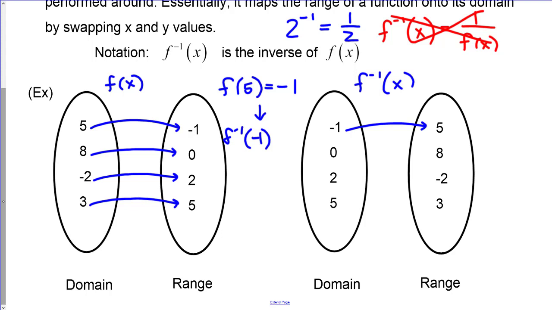But it takes me right back to the original input, which is 5. So that's why negative 1 is in the domain of f inverse of x, and 5 is in the range. Similarly, 0 would map to 8, 2 would map to negative 2, and 5 would map to negative 3. So these are essentially just swapping the domain and range of the original function.